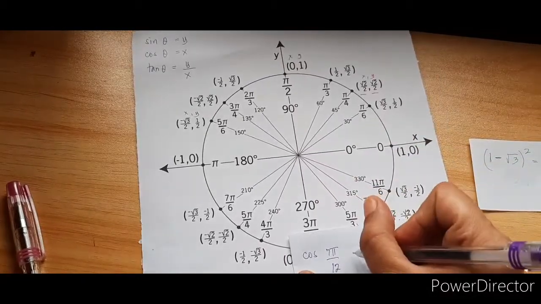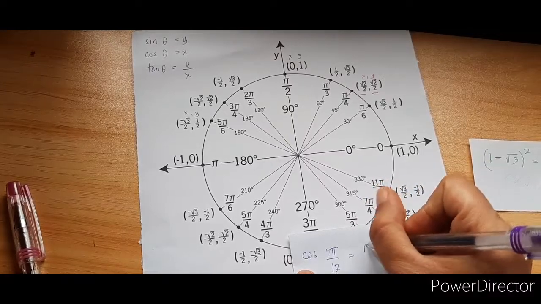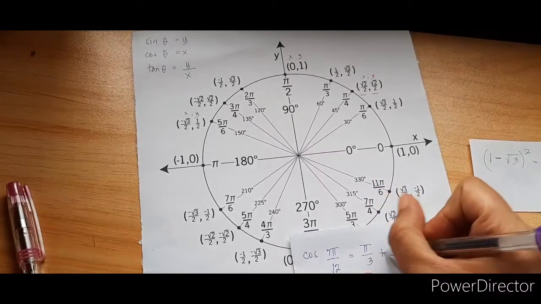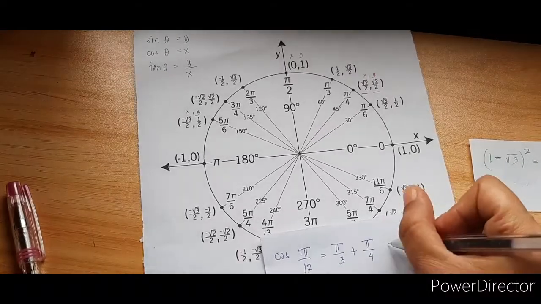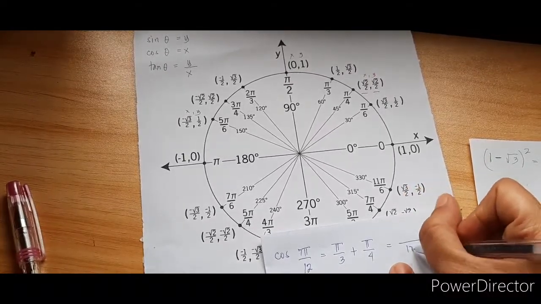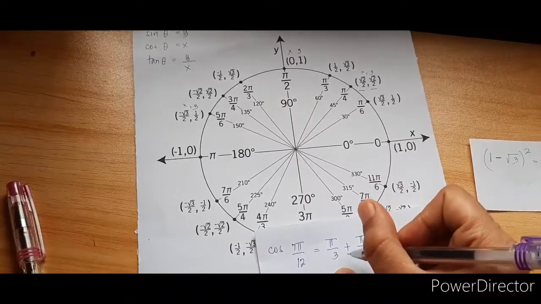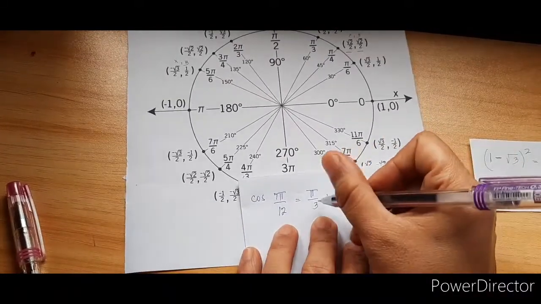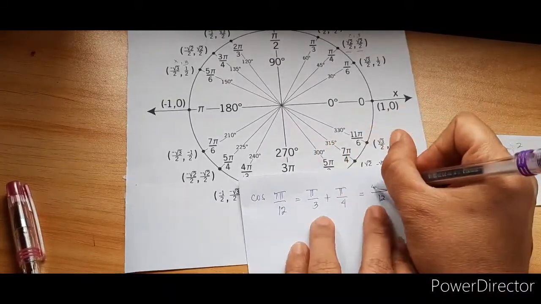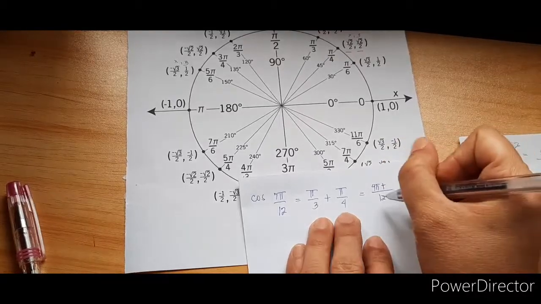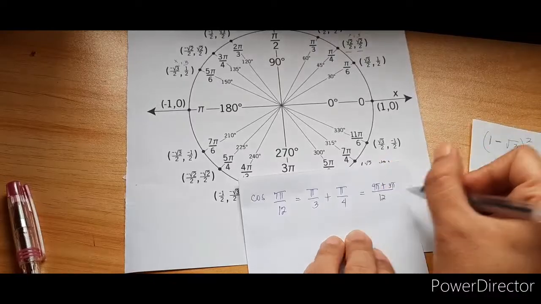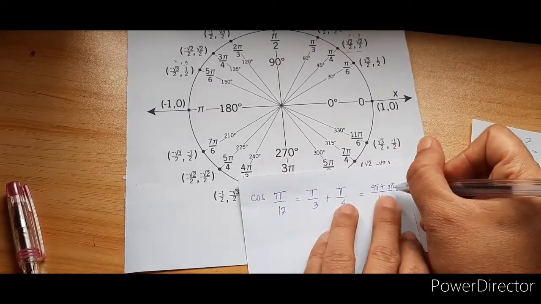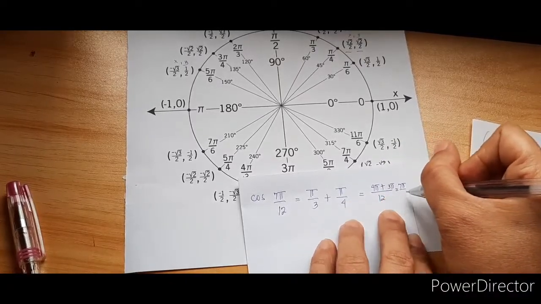If you add pi over 3 plus pi over 4, our common denominator is 12. So 12 divided by 3 is 4, times pi is 4 pi, plus 12 divided by 4 is 3, times pi is 3 pi. That is equal to 4 pi plus 3 pi, which is 7 pi over 12.